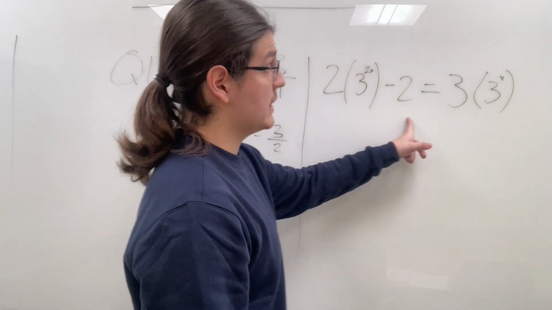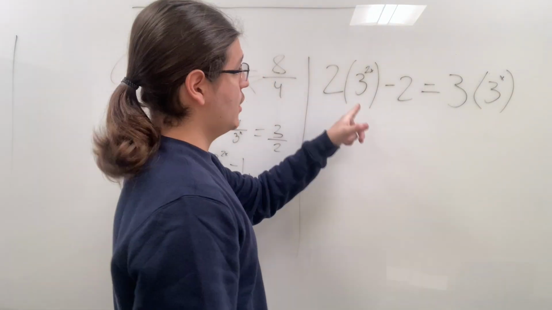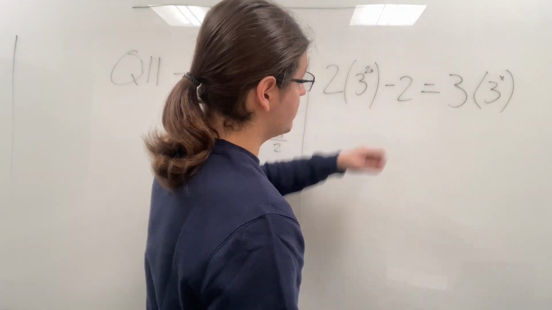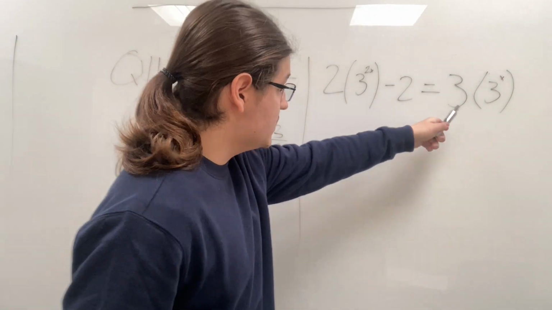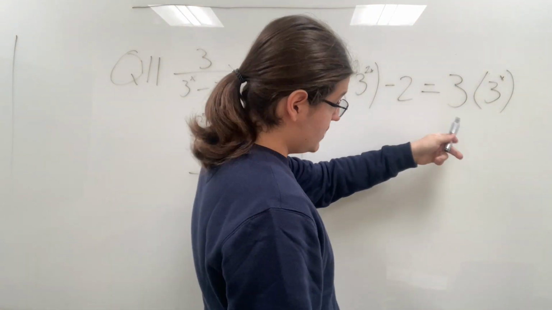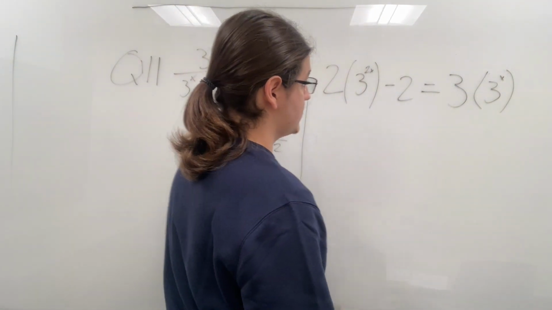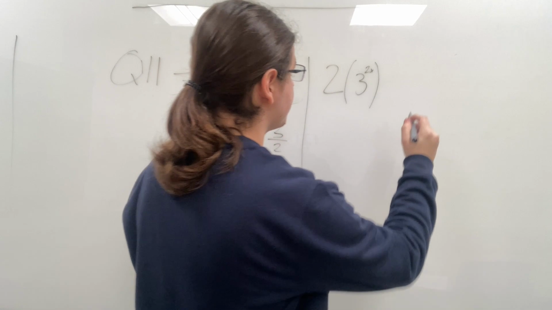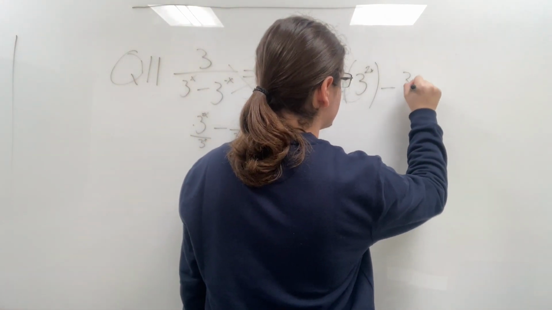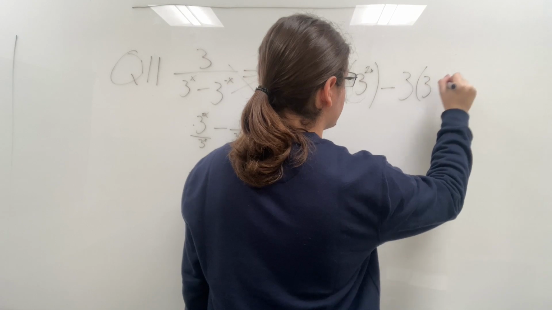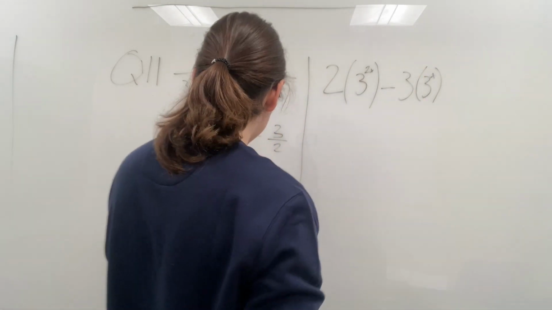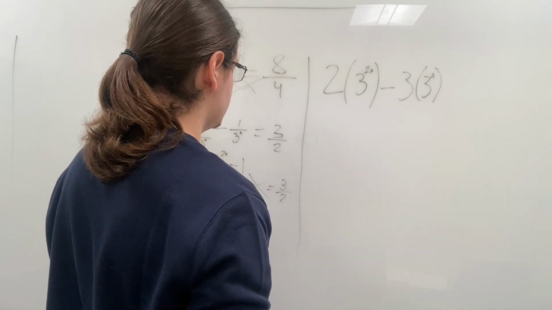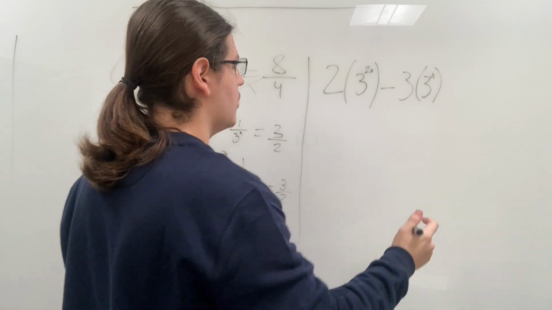Well, if you don't see it already, I see it. I think the next step is that we bring this over here. We subtract this side by 3 times 3 to the x, put it over here. Let me do that real quick. Minus 3 to the 3x is equal to, oh yeah, minus 2.